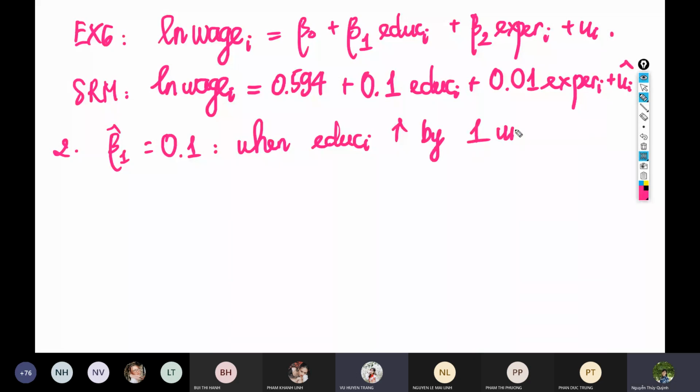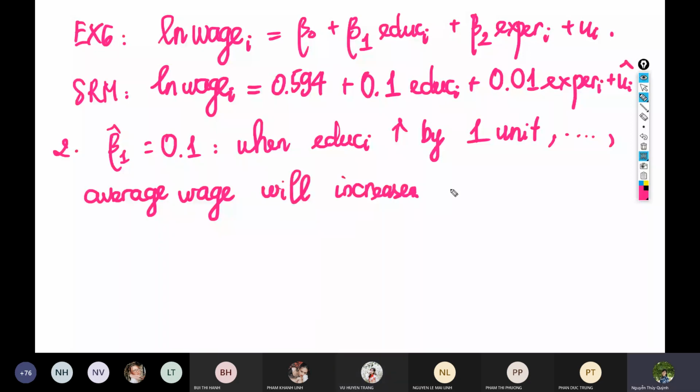Yes, when the years of education increase by 1 unit and experience is unchanged, the average wage of workers will increase by 0.1 times 100%, which is 10%. So that is the meaning of the estimated coefficient on education.